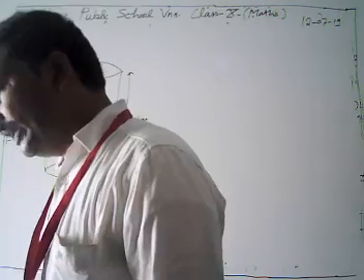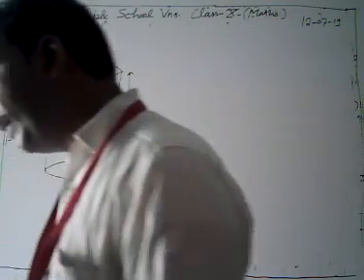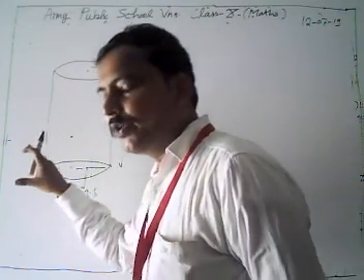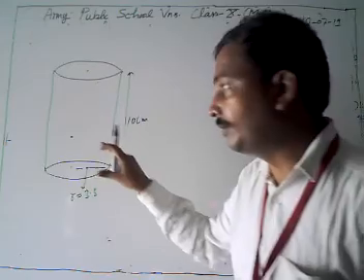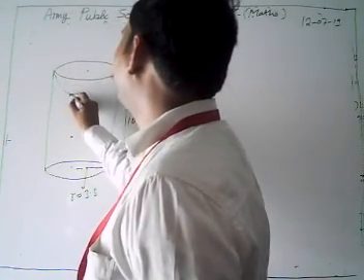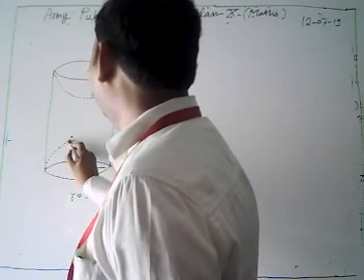Now, a wooden article was made by scooping out a hemisphere from each end of the solid. Look, we have a cylinder and we are going to scoop out a hemisphere from both ends.